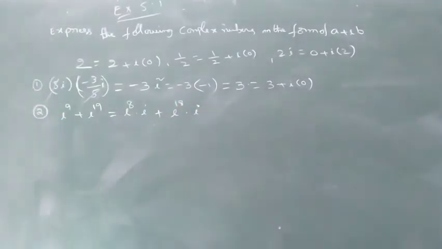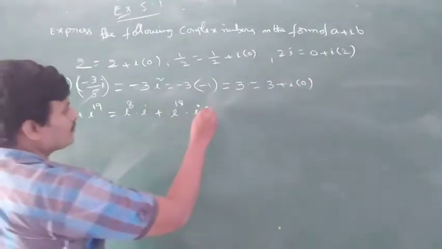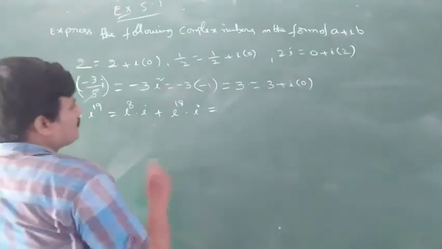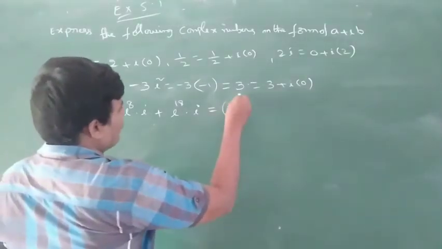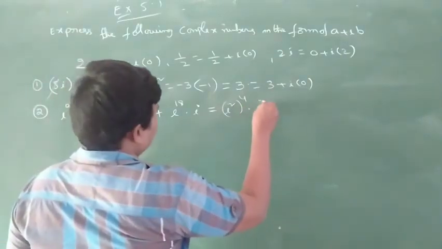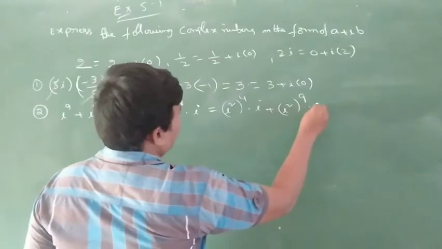We use a power m into a power n is equal to a power m plus n, so 9 is equal to 8 plus 1, and 19 is equal to 18 plus 1. So that is equal to i square whole power 4 into i plus i square whole power 9 into i.